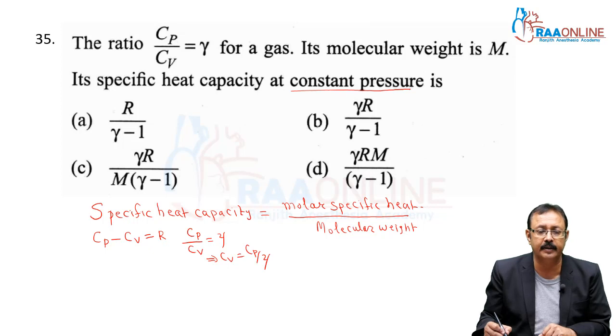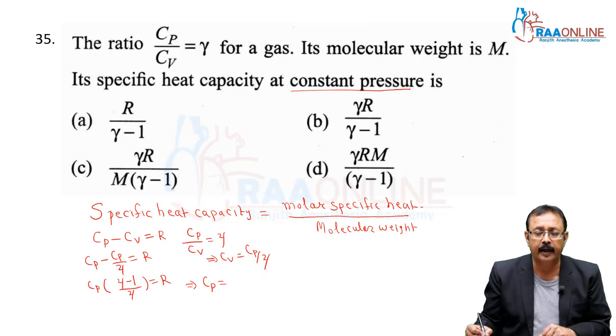So we are putting in this: Cp minus Cp by gamma is equal to R. Take Cp common, 1 minus 1 upon gamma means gamma minus 1 upon gamma, it is R. So what we are getting, molar specific heat at constant pressure, we can say gamma R upon gamma minus 1.